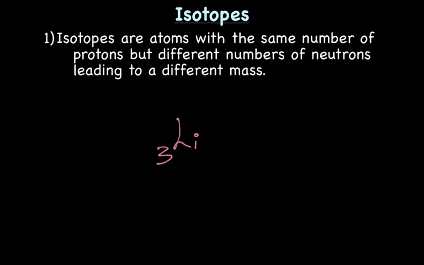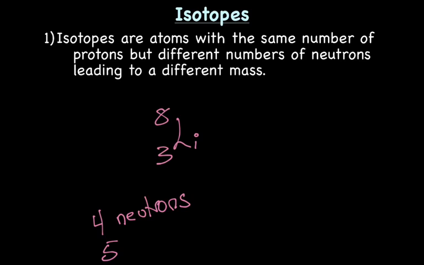So we could have a lithium atom that has atomic mass of 7, meaning it has 4 neutrons. We could have a lithium atom with an atomic mass of 8, meaning it has 5 neutrons, and so forth.